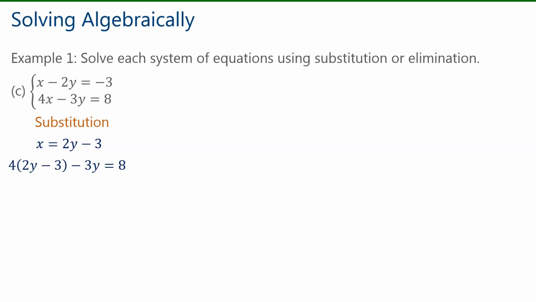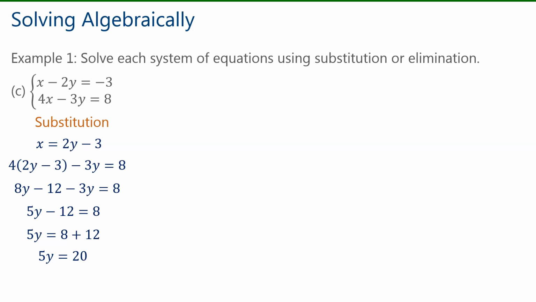That gives me 4 times (2y minus 3) minus 3y equals 8. Now doing this distributive property, I get 8y minus 12 minus 3y equals 8. And then simplifying 8y minus 3y, I get 5y minus 12 equals 8. Bringing over the negative 12 to the other side and combining that with the 8, I would get 5y equals 20.